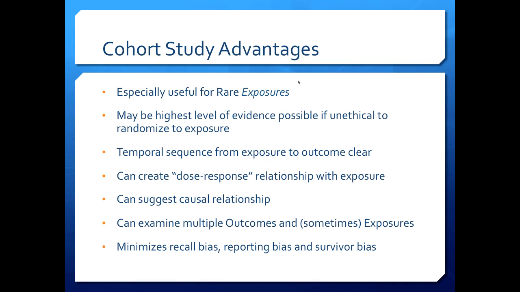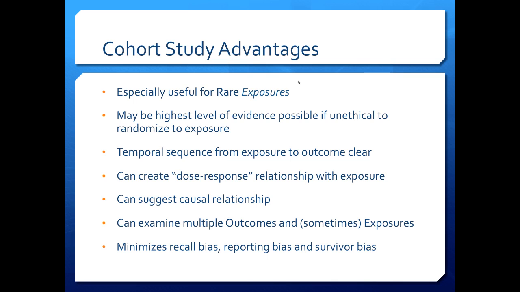In summary, cohort studies, in particular exposure-based cohort studies, are ideal for rare exposures. If it would be unethical to randomize people to an exposure, a cohort study may be the highest level of evidence you're able to obtain in a human population. The temporal sequence from exposure to outcome is clear.